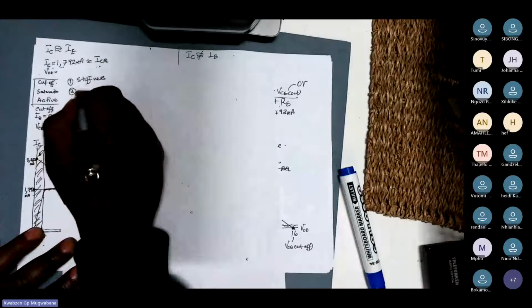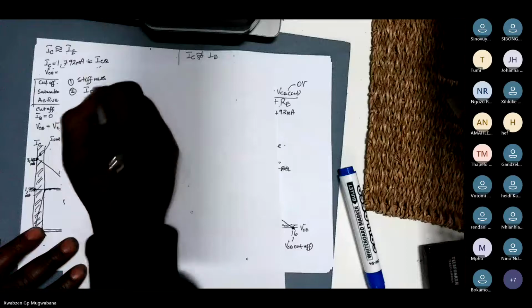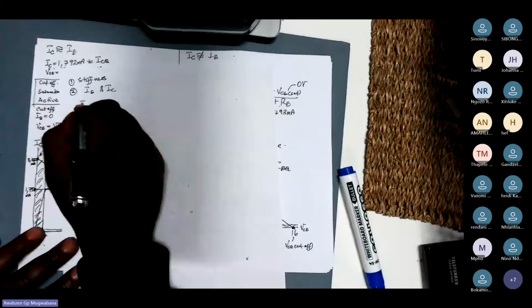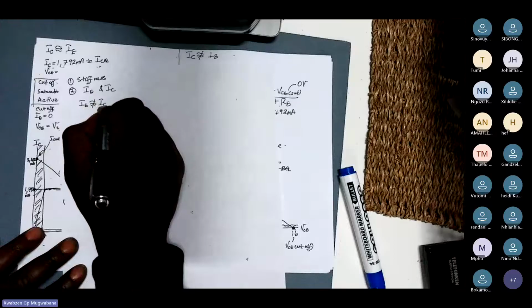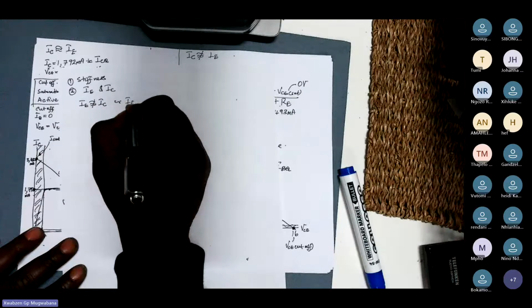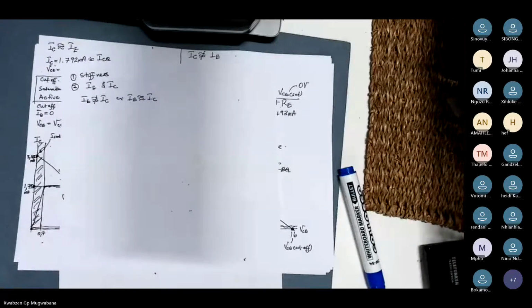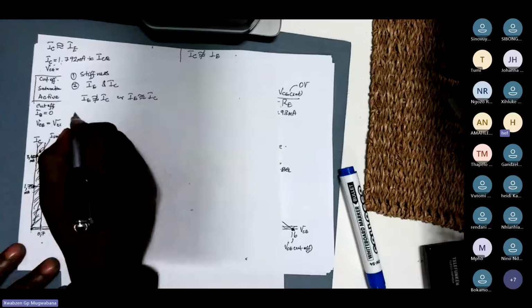Condition 2, now it is your IE and your IC, which means IE is equivalent to IC, or it is not equivalent. Can you see condition 2? Can you see another condition? Condition 3.